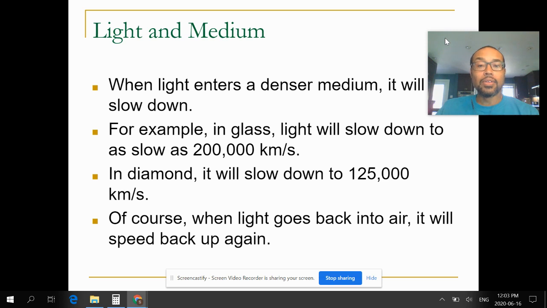Since there is no force, it wouldn't make sense, except that, recall I said that it doesn't actually truly slow down. It's just that bouncing when it enters a denser medium, bouncing between particles, hitting something, being absorbed, re-emitted. So the apparent speed is slower. So when all of a sudden it enters a medium that's not as dense, it can now freely travel at the true speed, which is 300,000 kilometers per second, or maybe slightly less if it's not a complete vacuum.